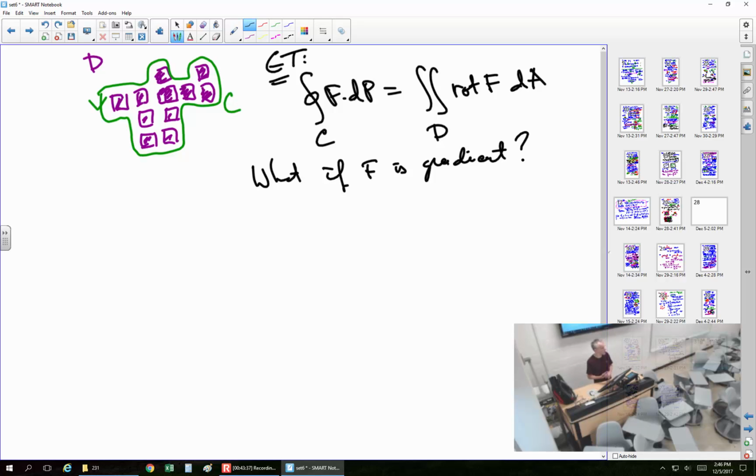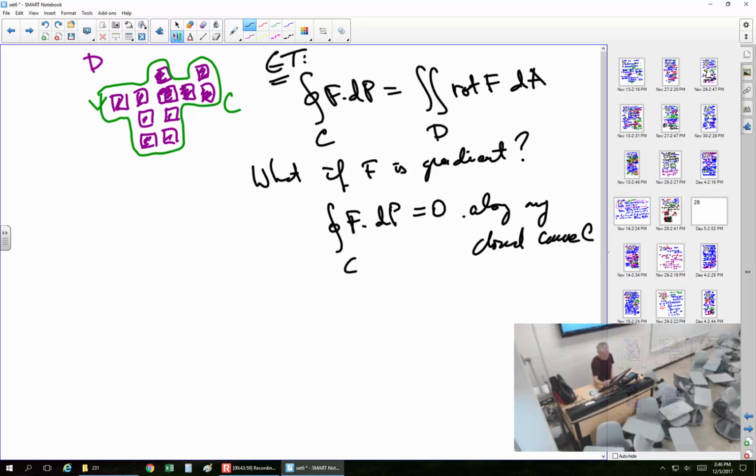What's the curl of a gradient vector field? Zero. So the right-hand side is zero. So in other words, we are back to the discussion at the beginning of today's class. This is true along any closed curve C.